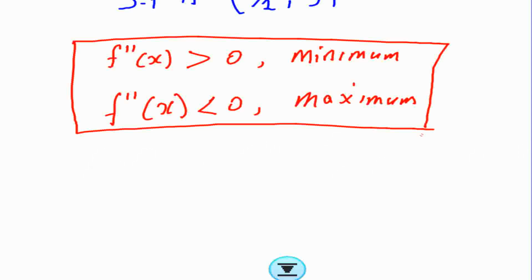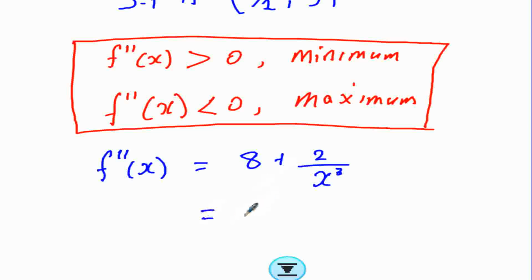So our second derivative was f''(x) equals 8 plus 2 over x cubed. Substituting in the value of x, that will be 8 plus 2 over (1 over 2) cubed. And (1 over 2) cubed is 1 over 8. We shall go up and we get 2 times 8, which is 16, plus 8.